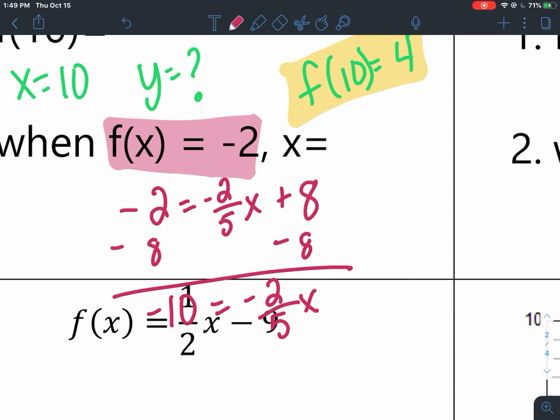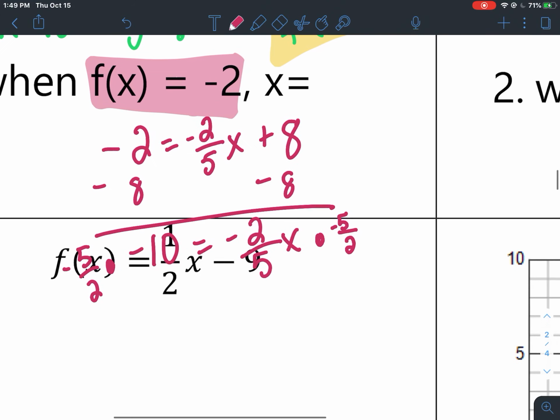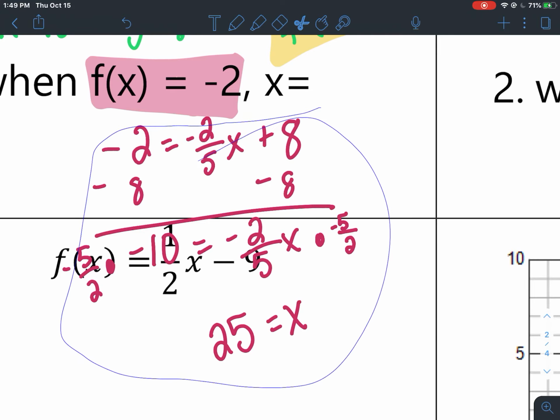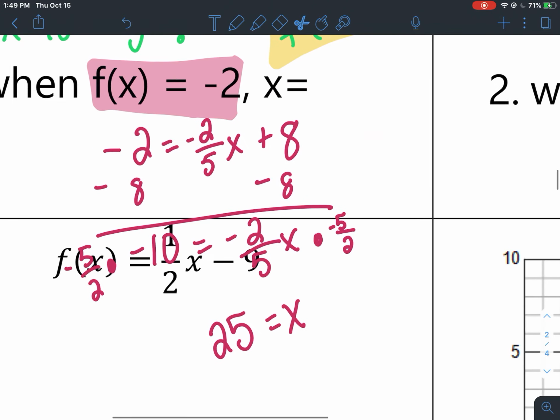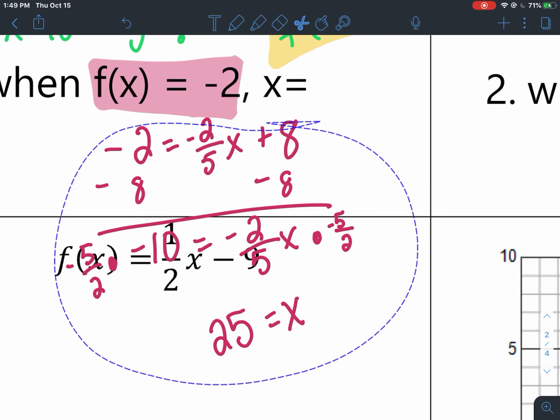And just like in the last one, to move this fraction to the other side, I'm going to multiply by its reciprocal, -5/2. And when I do that, I get 25 equals x.